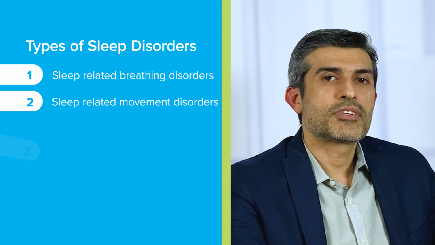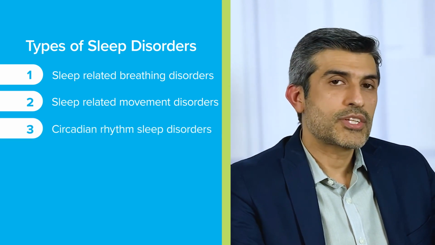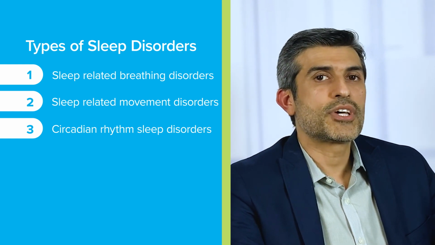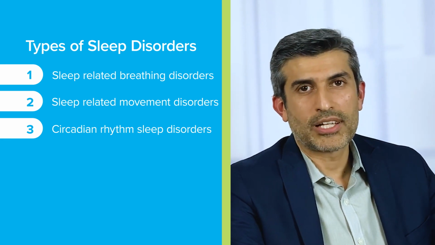Third one is considered circadian rhythm sleep disorders, where there's nothing wrong with the child's quality or quantity of sleep. Their sleep time is just set at a different time zone. It's just like having a jet-lagged child in your household. Another sign of circadian rhythm sleep disorder includes not being able to sleep at the desired time.